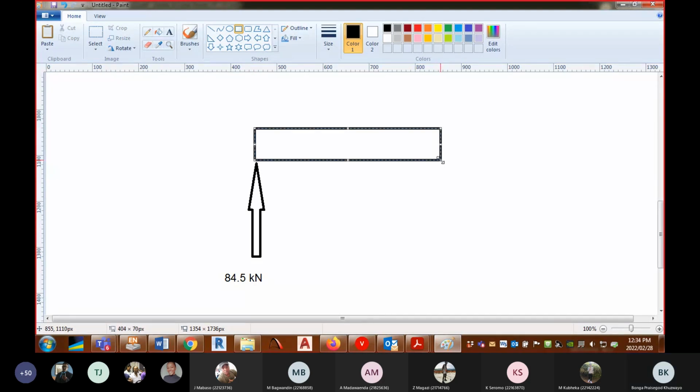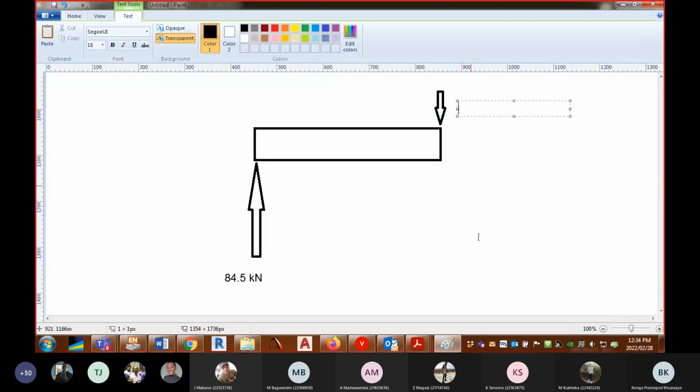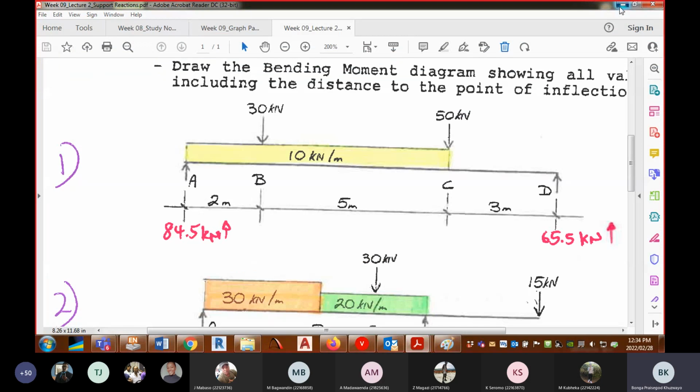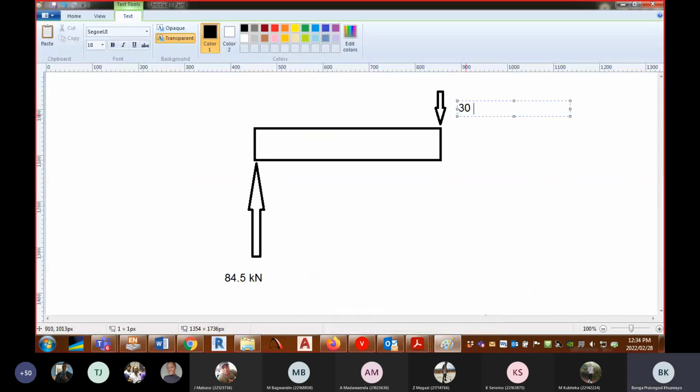Then we have the point load there, sorry, I forgot the point load, of 30 kilonewton. So there's 30 kilonewton.